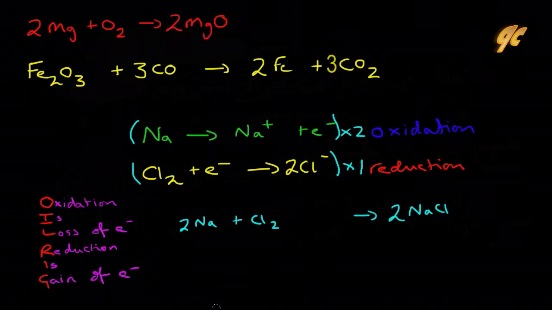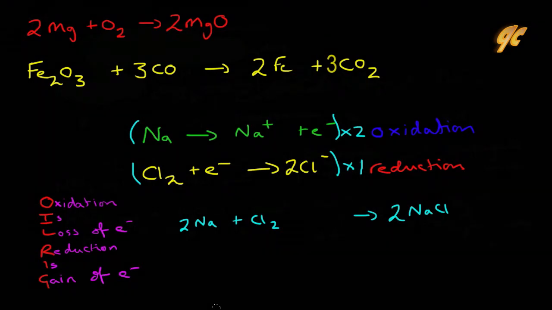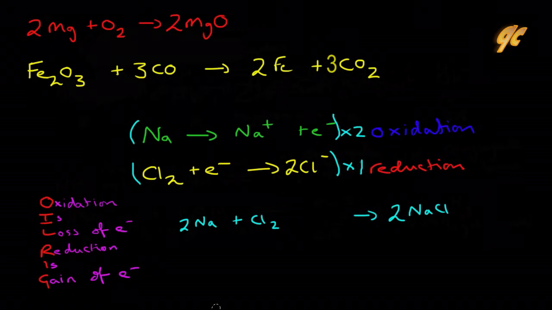In this you can see that the sodium loses electrons and the chlorine gains electrons. Therefore the sodium is oxidized and the chlorine is reduced. Because the sodium is oxidized by the chlorine, this means to say that chlorine is the oxidizing agent.